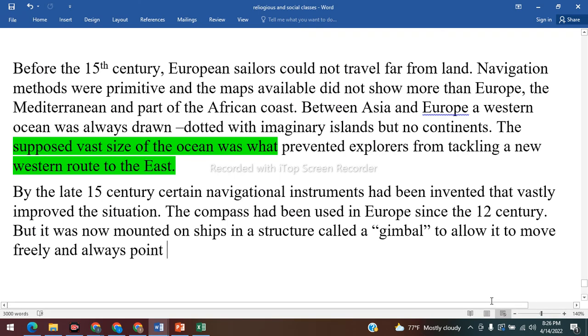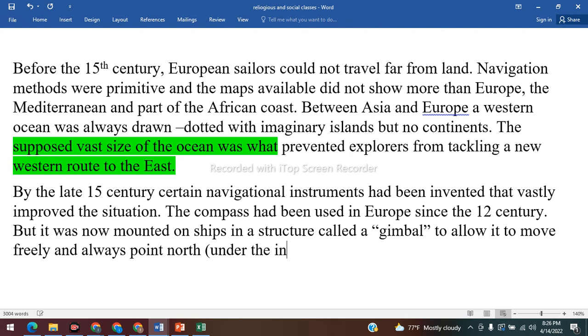North, right? So it's allowed to move freely and always point north. But something is influencing it though. Always point north under the influence of what? Of the Earth's... not gravity, it starts with M, M-A. Magnetic field. Yeah, magnetism. Okay.